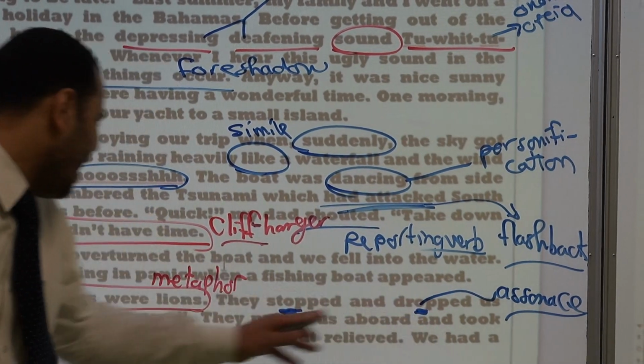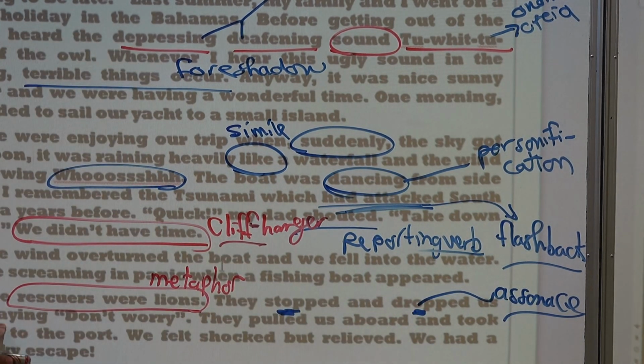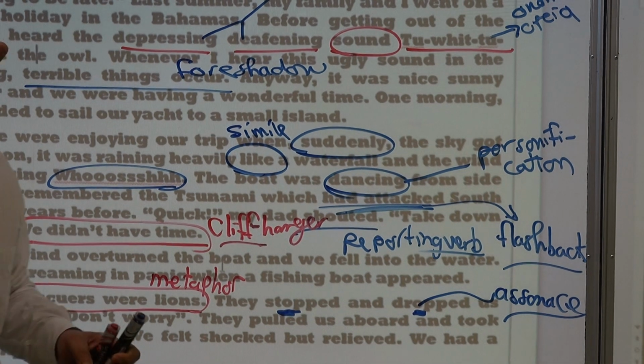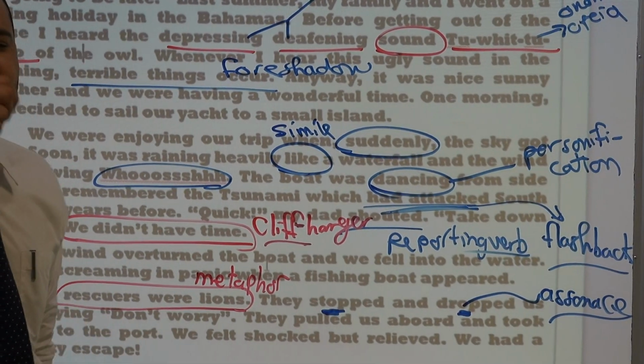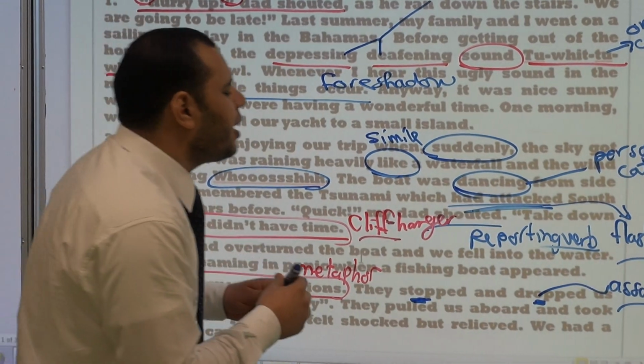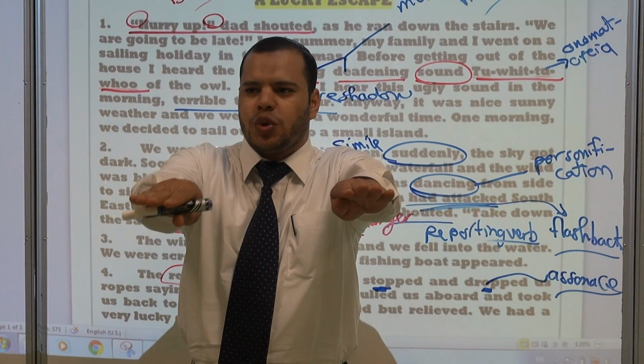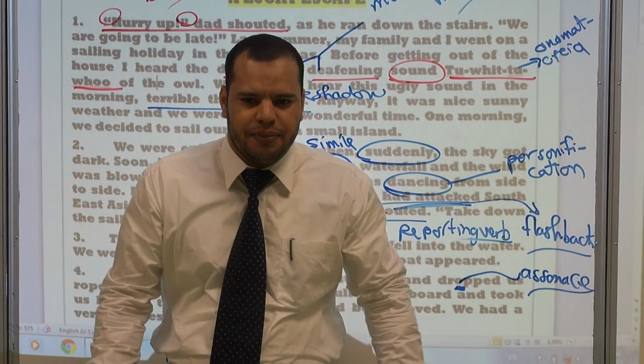They dropped and said at the same time. Dropped the ropes saying, don't worry. Two actions at the same time. What do we call it? We call it parallel actions, like parallel lines in mathematics. Two actions happening at the same time.